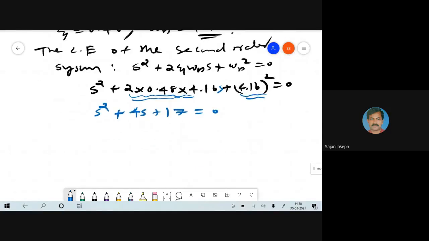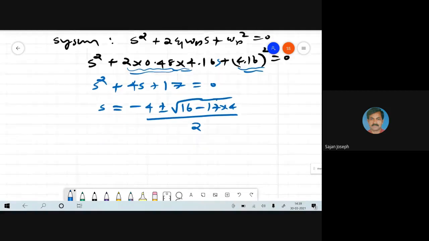And we will find out the roots of this equation. The roots are -4 plus or minus square root of 16 minus 17 into 4, divided by 2. You can see that the roots are complex conjugates.